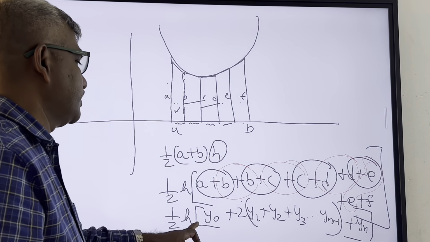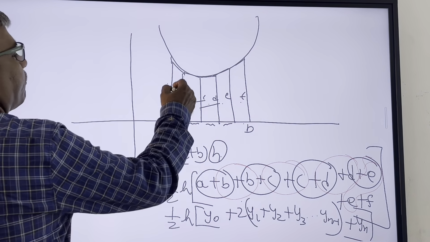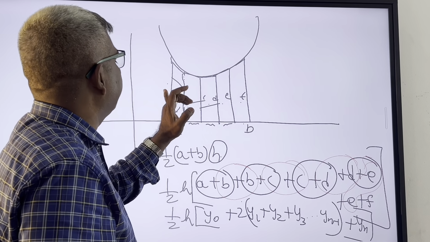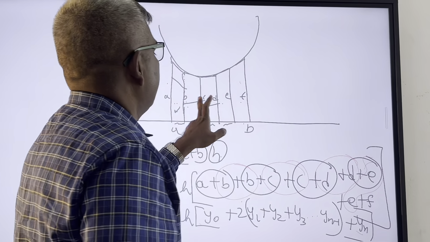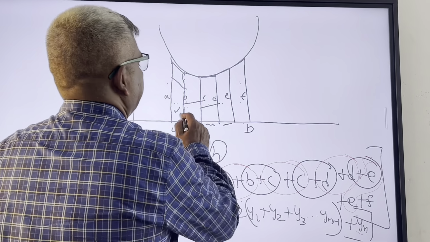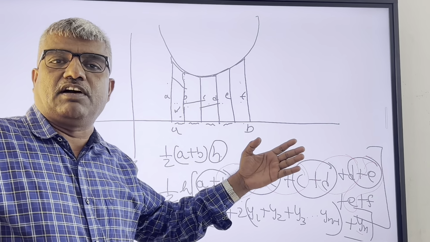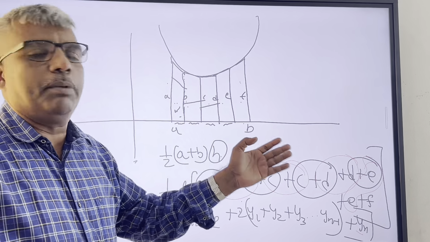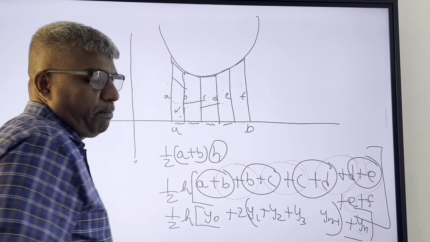Got it? y0 to yn, 2y1 to yn minus 1. That is the reason we are taking the first value as it is, the last value as it is, and the remaining between the column values we are repeating 2 times. Sometimes students get confused why you are leaving the first column value only 1 time, last column value only 1 time, remaining all the values 2 times. This is the reason, because we are considering this 5 trapezium.